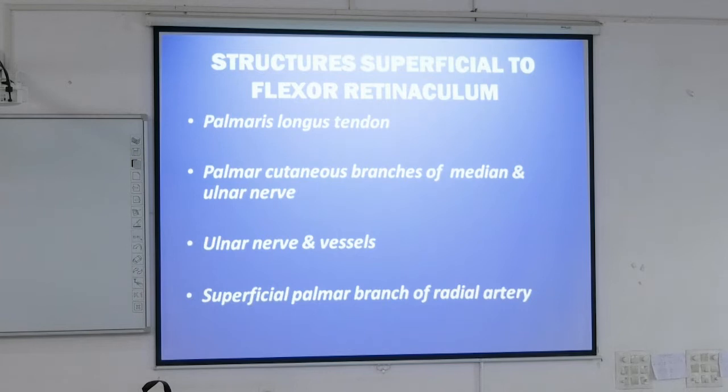These are the common questions that you will be asked. The structures superficial to the flexor retinaculum: palmaris longus tendon, palmar cutaneous branches of median and ulnar nerve and vessels, superficial palmar branch of radial artery.